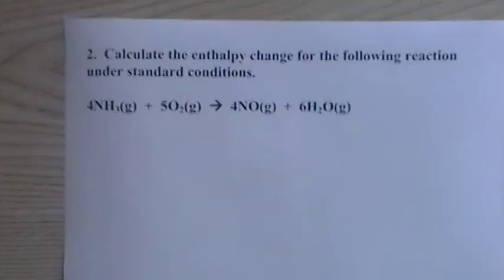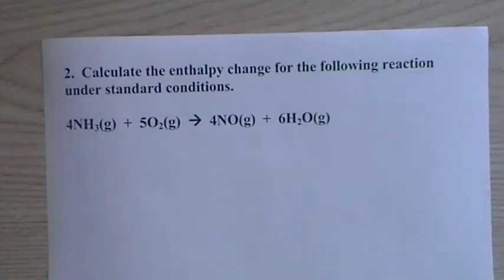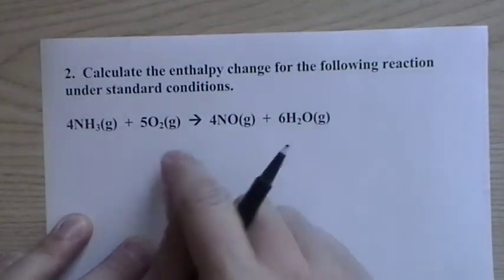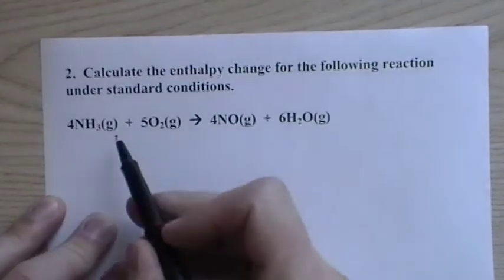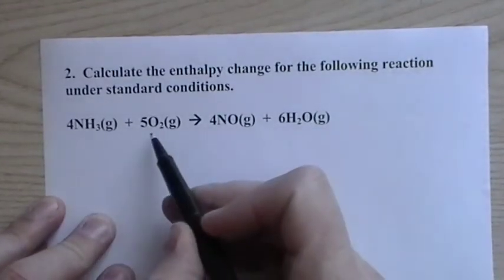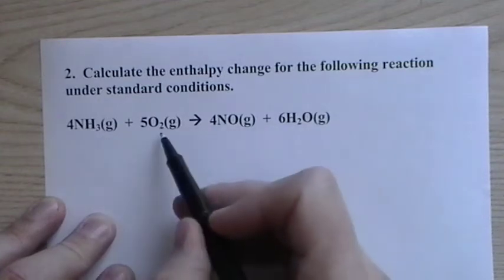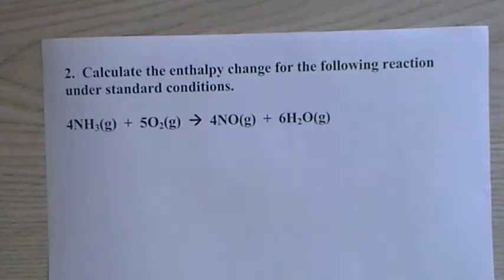Let's try one more here. And this is what I was talking about with the elements. You have 3 molecules, and they have 3 compounds and 1 element. So we can do this a little quicker now.